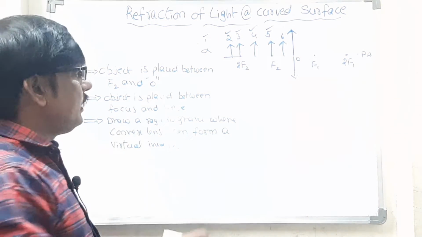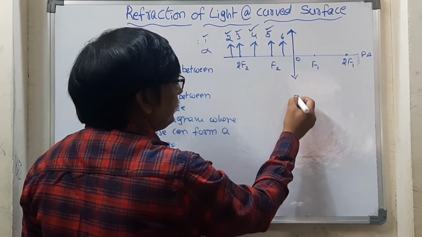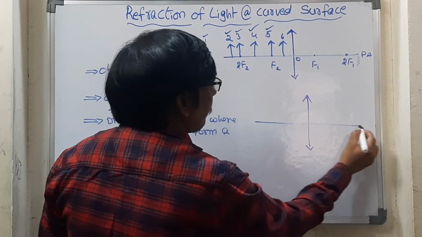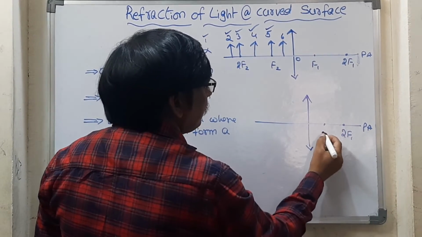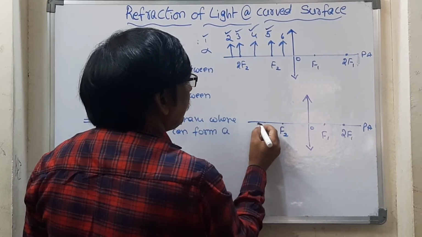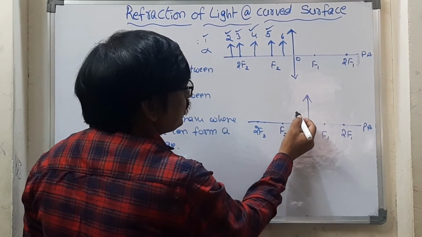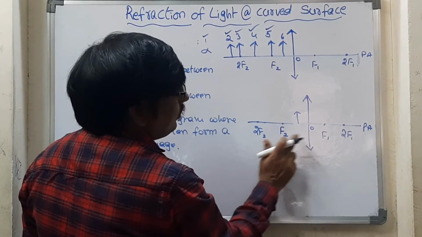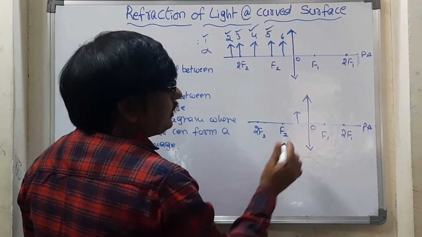Okay, how it will be, now let us see. For this one, first again let us take the convex lens. This is the principal axis, 2f1, f1, optic center, f2, 2f2. So where do we have to place the object? The object has to be placed here between f2 and optic center O. So how many rays should we take? 2 rays.